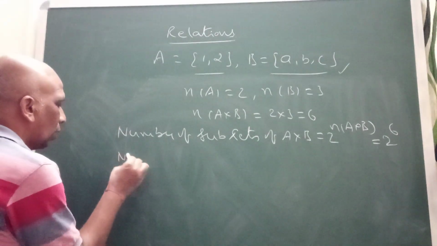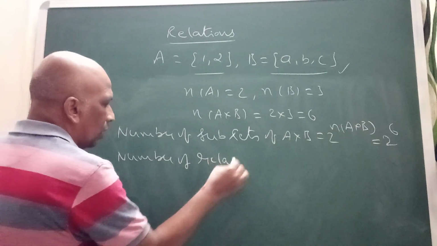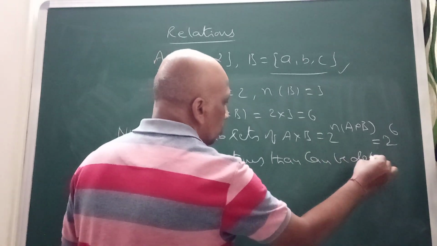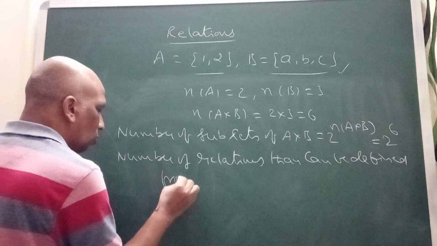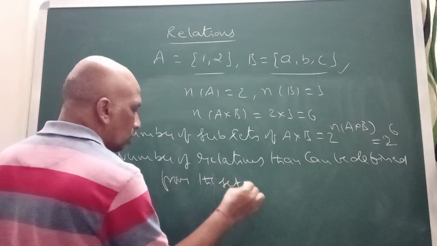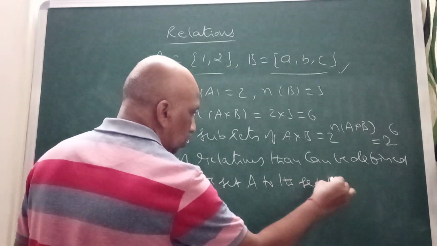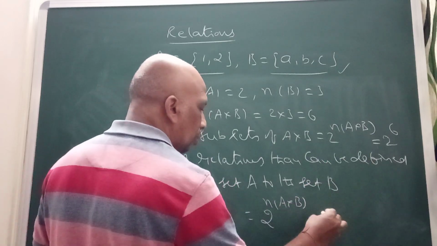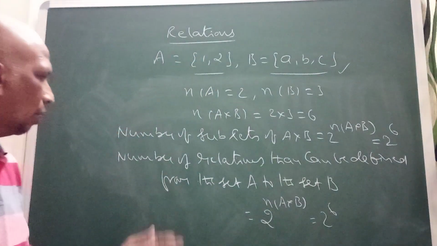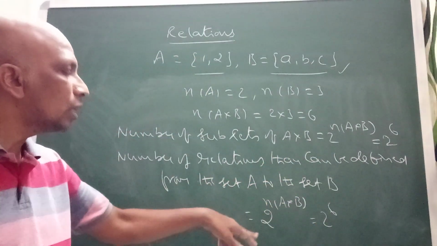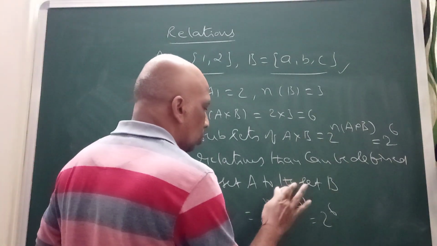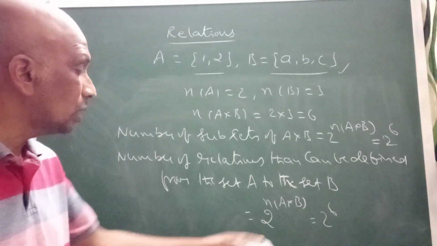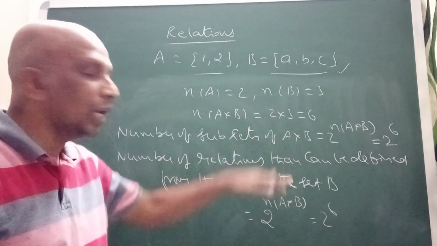So the number of relations that can be defined from the set A to the set B is 2 power n(A cross B), which is equal to 2 power 6, that is 64. Both are the same.